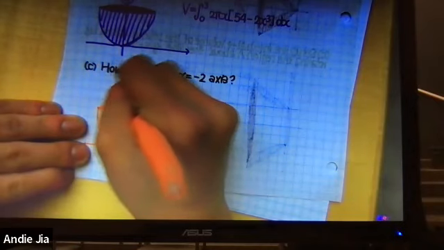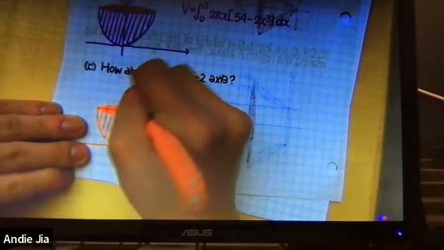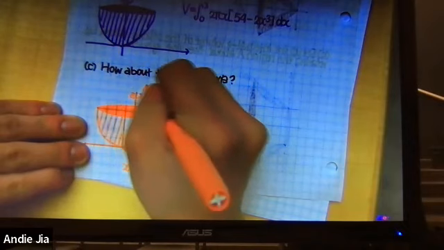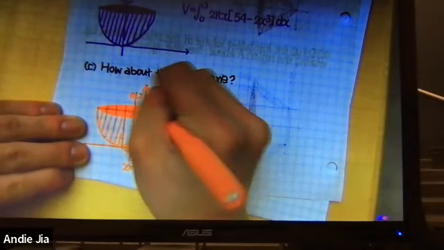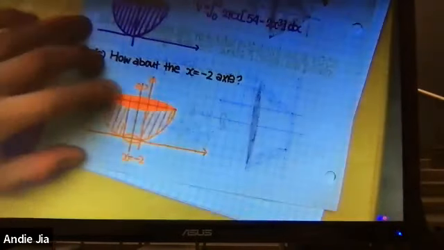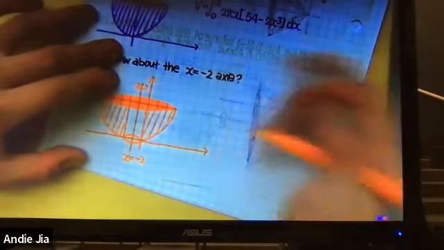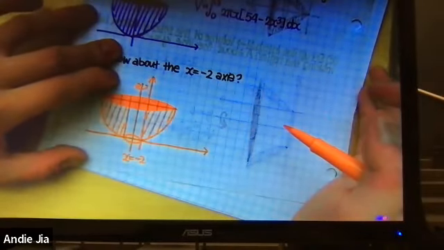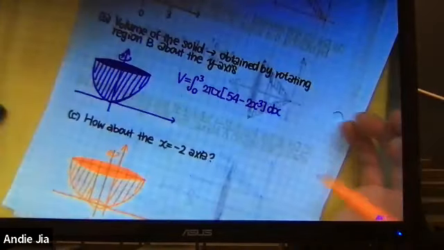The radius is x minus -2, which is x plus 2.